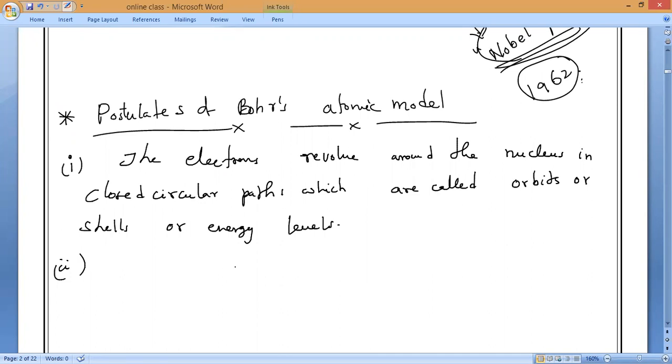The mass of one electron is 1 by 1840 times less than the mass of a proton or hydrogen. So it's extremely small, and that is the reason we neglect it. So second point: the protons and neutrons are present in the nucleus.